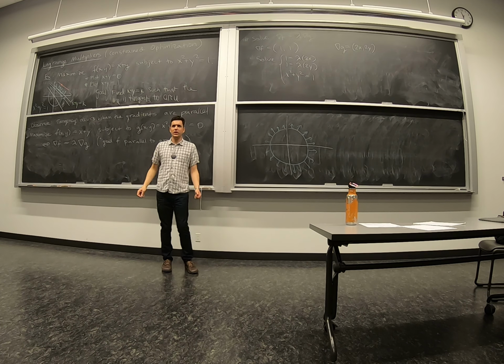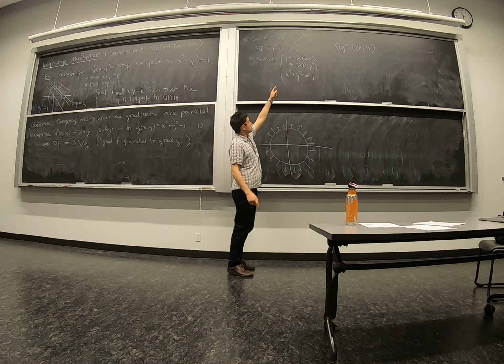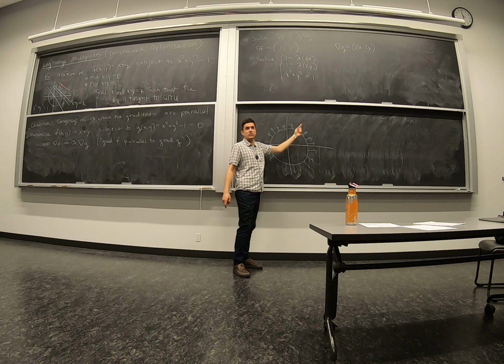So that's showing on the circle the direction of maximum increase of g. If you want to make g as big as possible, you go in that direction.